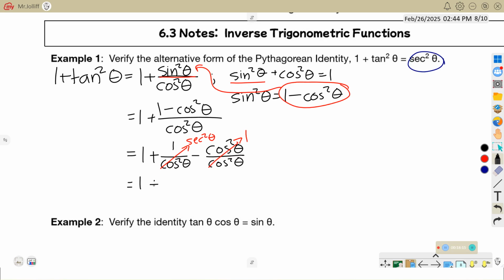Yay. 1 plus secant squared minus 1. Combine the like terms. Plus 1 minus 1 becomes 0, which leaves us with secant squared theta. Happy face. QED. Success. Yay.